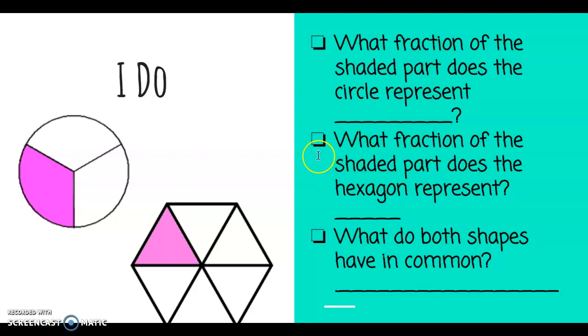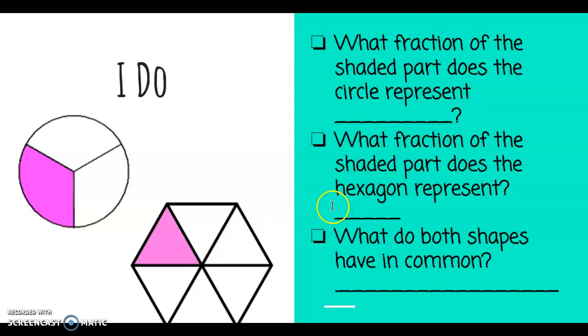Next, what fraction of the shaded part does the hexagon represent? Again, we have 1 shaded part, and we have 1, 2, 3, 4, 5, 6 parts. So therefore, I have 1 out of 6 shaded.